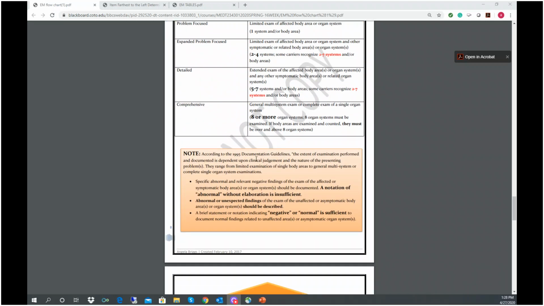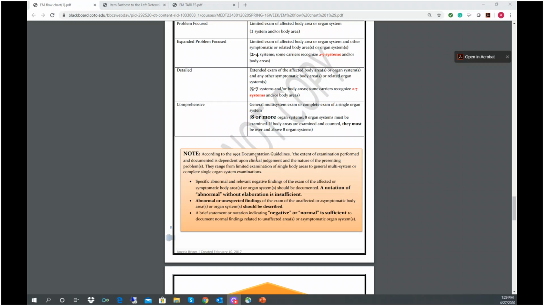Note, according to the 95 documentation guidelines, the extent of the examination performed and documented is dependent upon the clinical judgment and nature of the presenting problem. So specific abnormal, relevant negative findings on the exam of the affected or symptomatic body areas or organ systems should be documented. Notation of abnormal without elaboration is insufficient. So they can't just put abnormal; they have to tell us specifics.